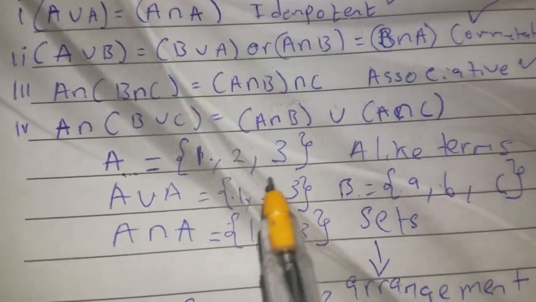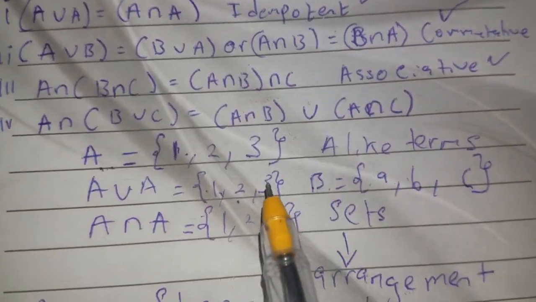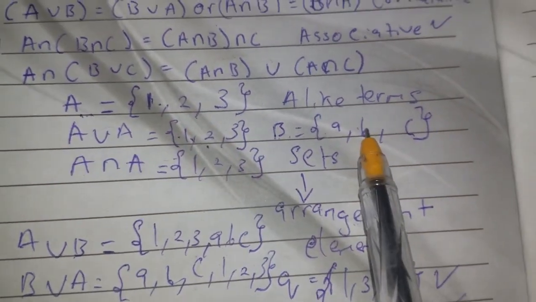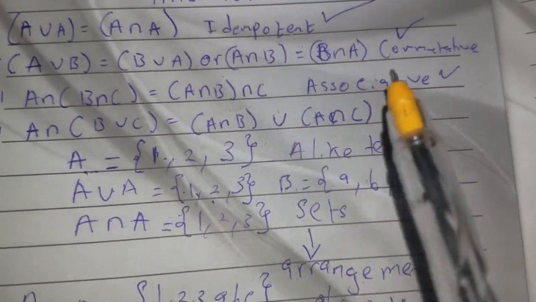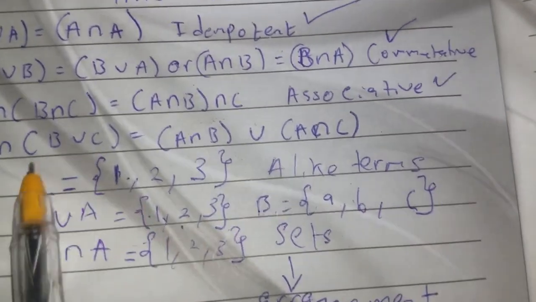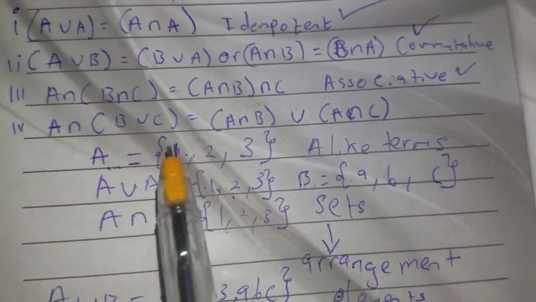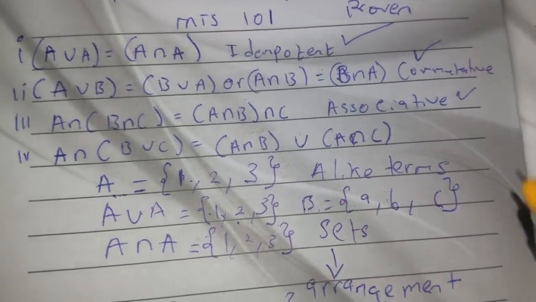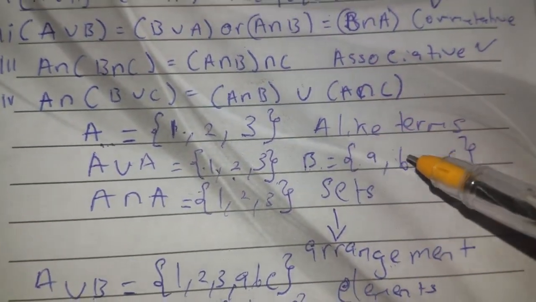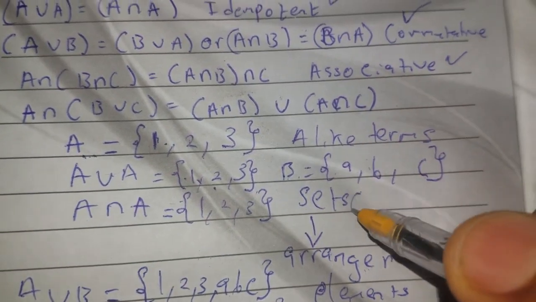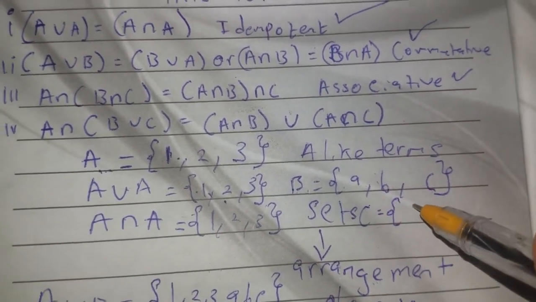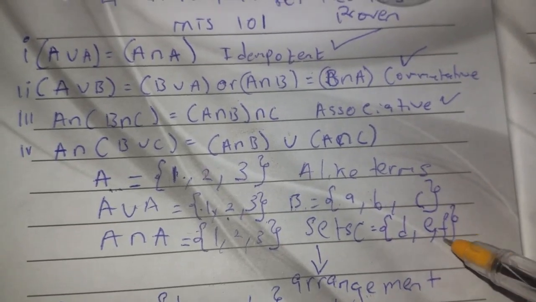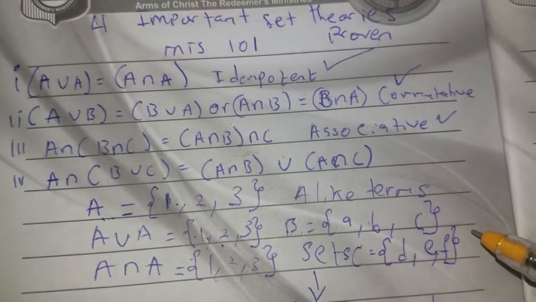Now that I've given A some elements, I've also given B some elements. Why can't I give C some elements, right? Now you might be wondering, you gave A numbers, B letters, then what can I give C? Now, watch out, because I can decide to give C d, e, f.